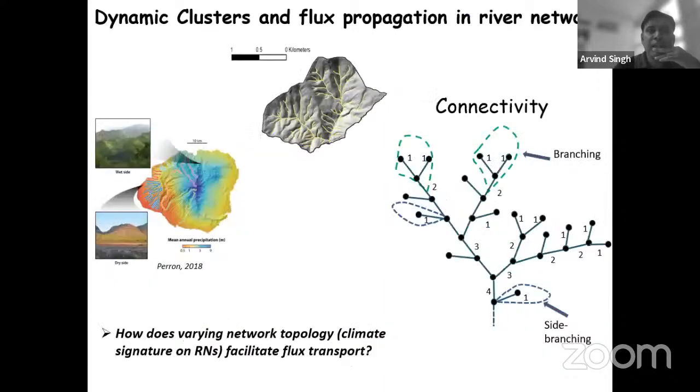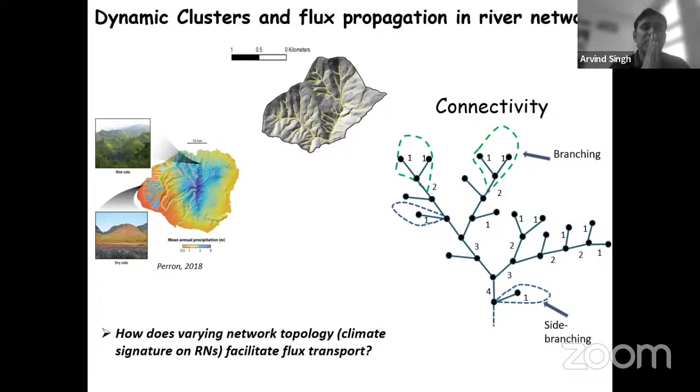So far, what we have talked about is a given network, how these channels are arranged on that particular network, what the role of side branching is, and how side branching changes as a function of heterogeneity. So these are static sort of networks.